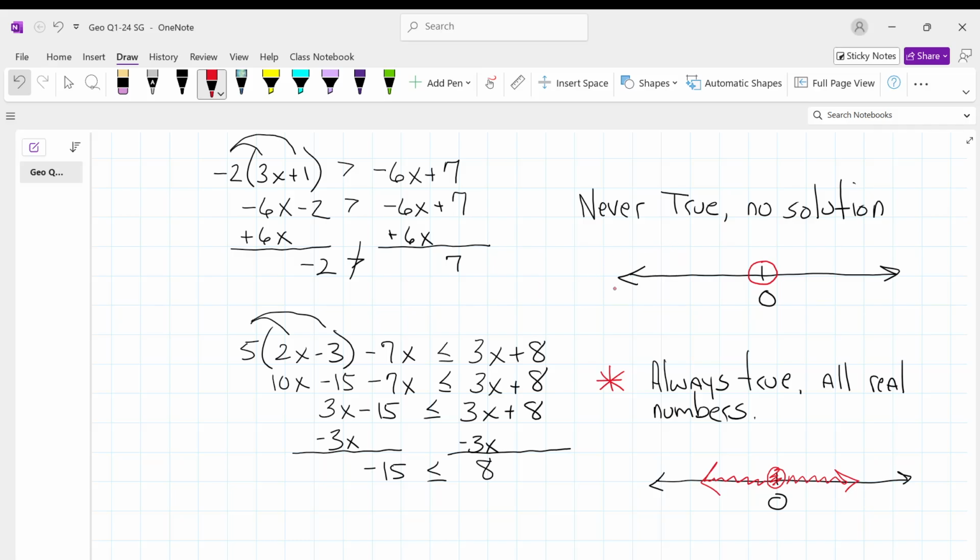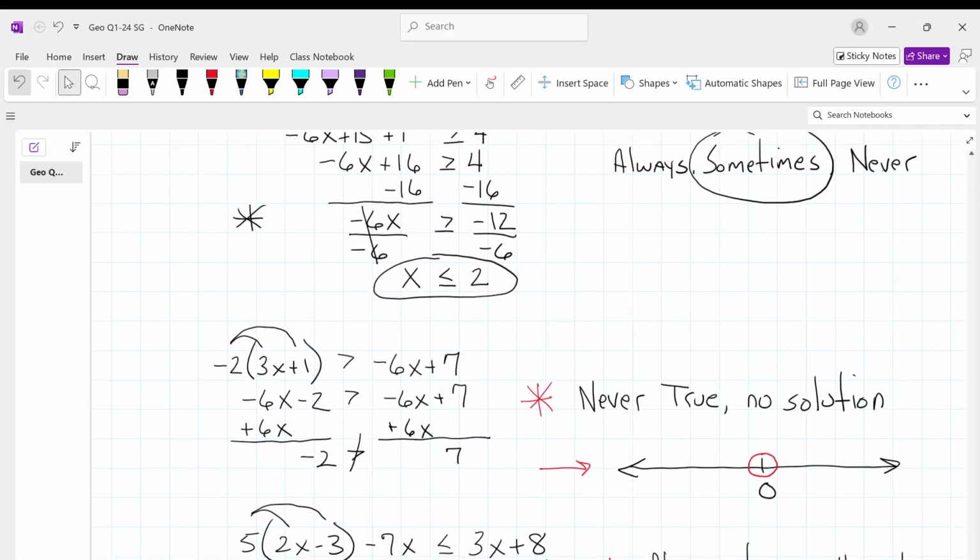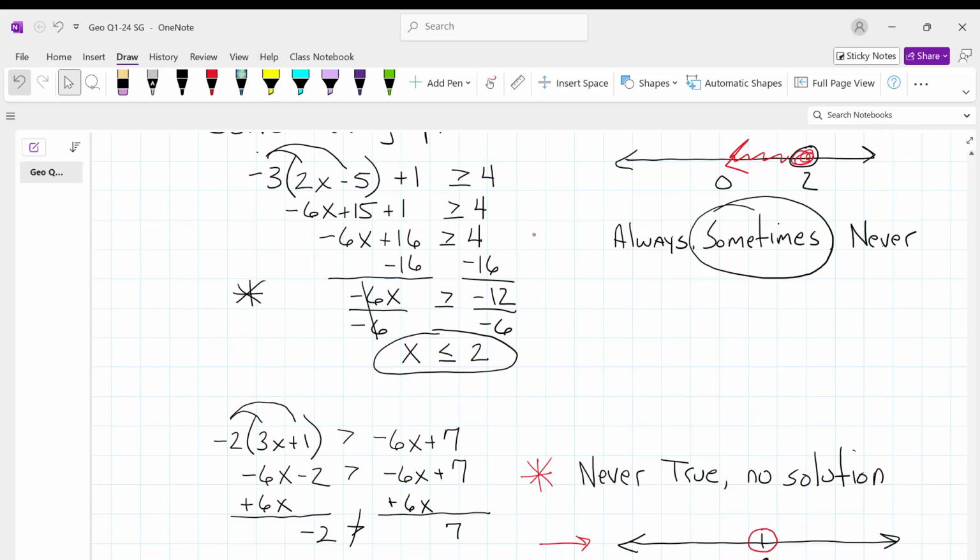But on a quiz or on a test, they may ask you to determine if the inequality is always, sometimes, or never true, and choose the matching graph. So never true, here's its graph. Always true, here's its graph. And then the sometimes true is right here with its graph.